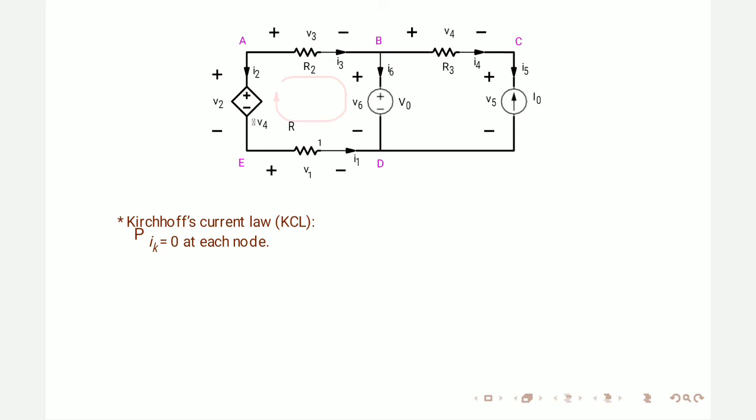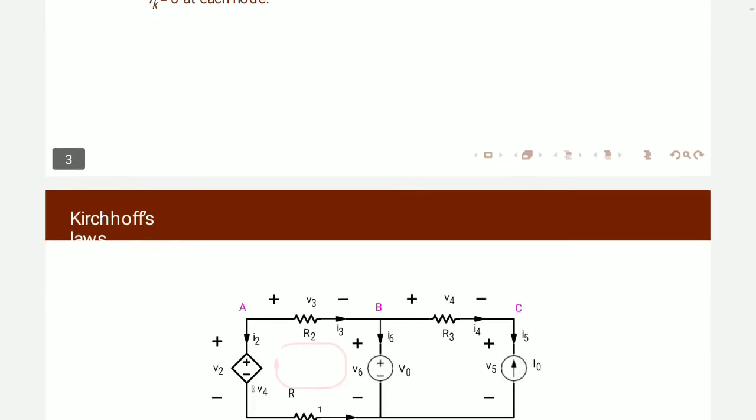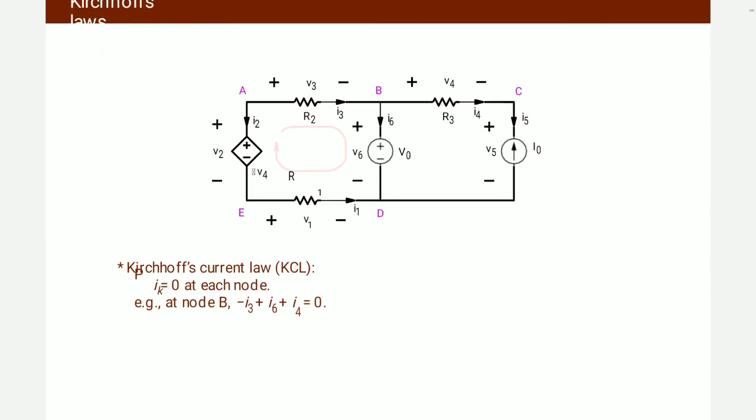Observe this one. Here the nodes are B, D, C, A, E. For example, at node B it is written: minus I3 plus I6 plus I4 equals 0, at node B.